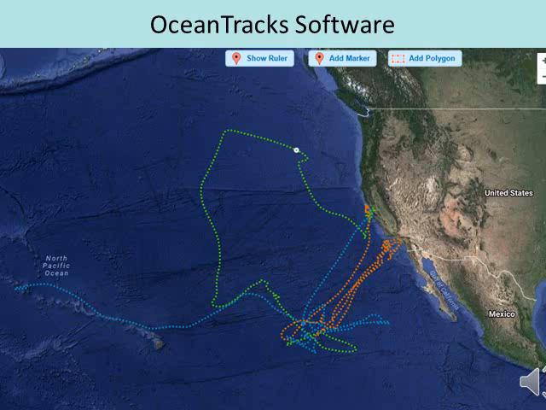As mentioned before, students should have the opportunity to play around with data and be able to manipulate the data that they're being asked to use in their authentic data exploration. I opened up the OceanTrack software, which is one of the resources that students can use, which tracks different animals throughout different parts of the year.